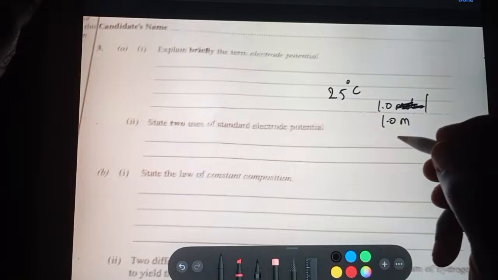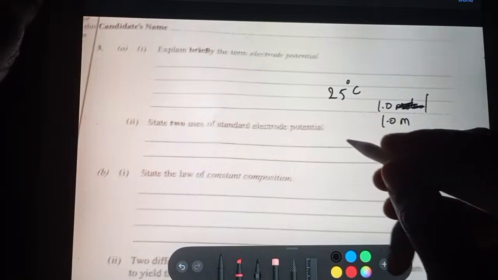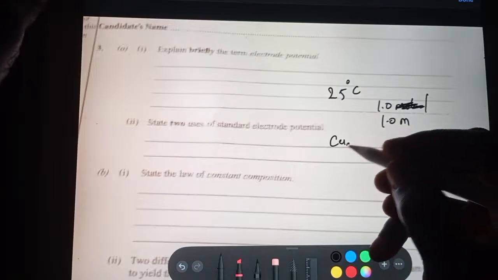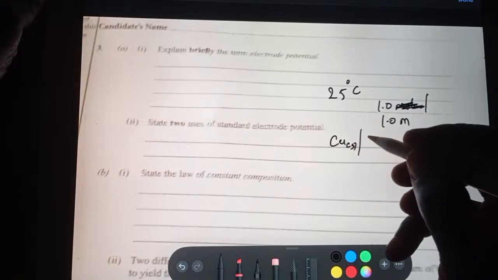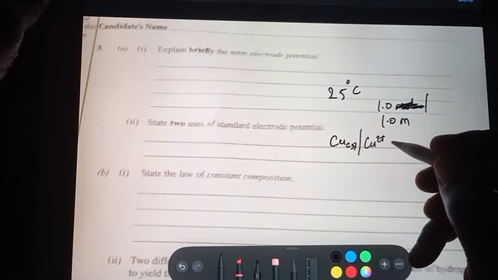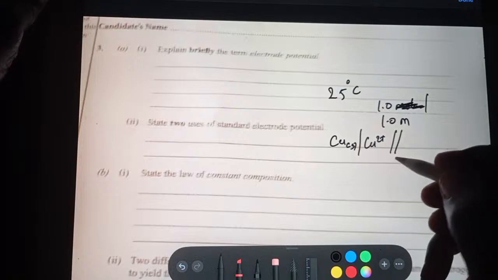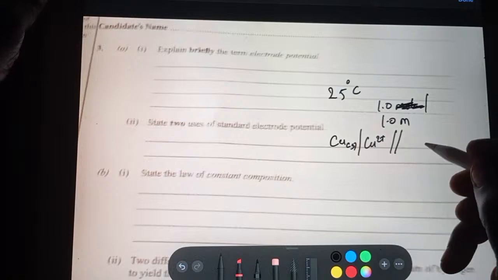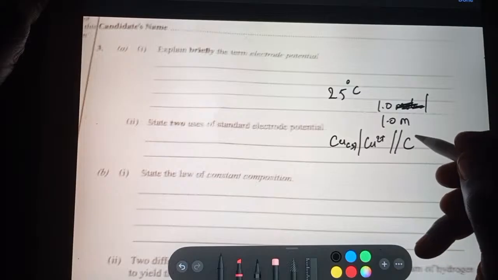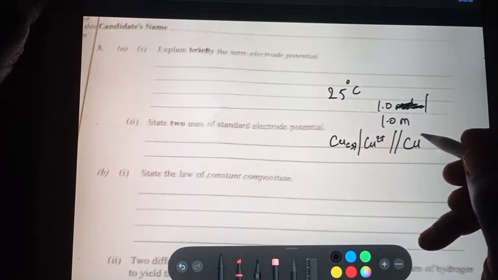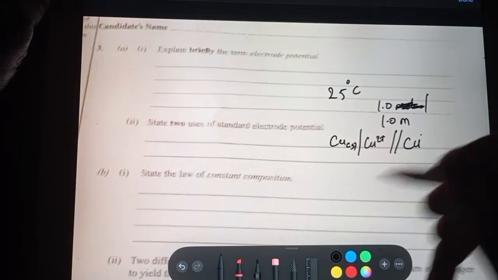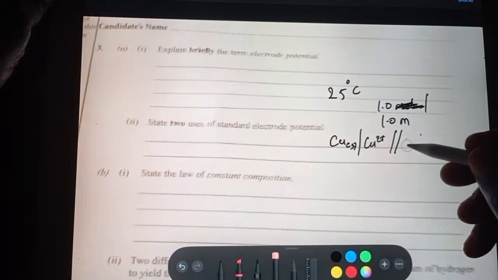Then you have to compare it with metal, let's say copper solid, that's copper electrode inside copper 2 ion half cell, versus, this double slash means salt bridge, versus hydrogen now, please.